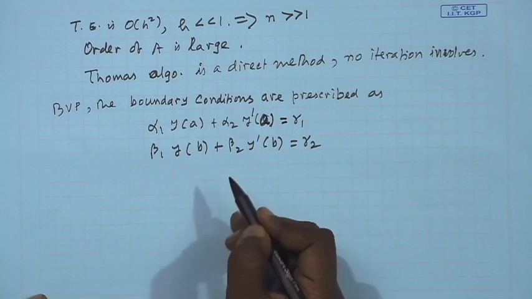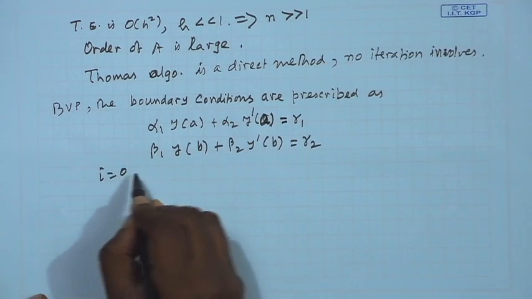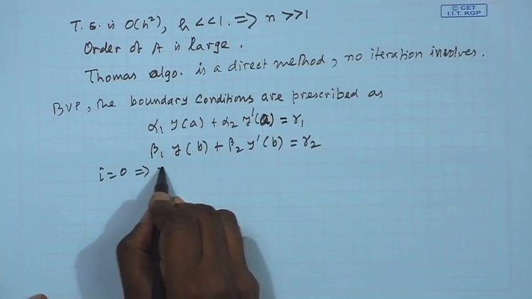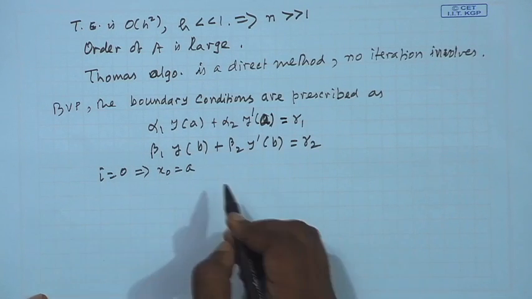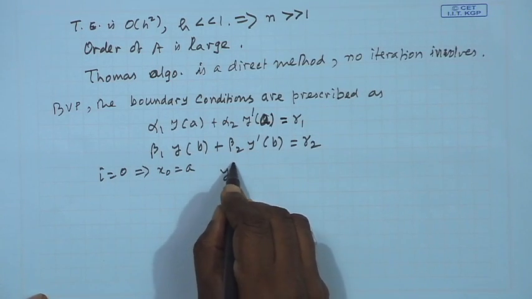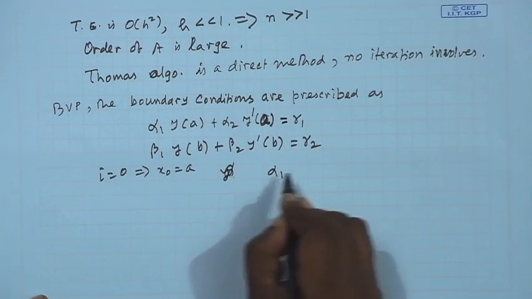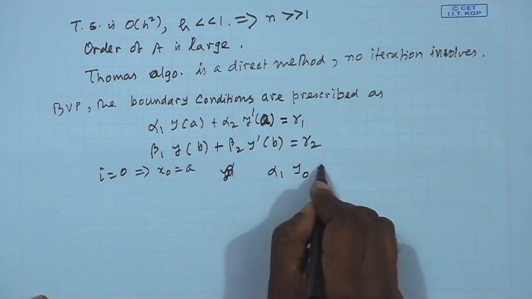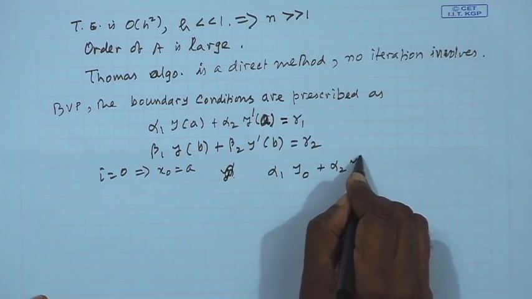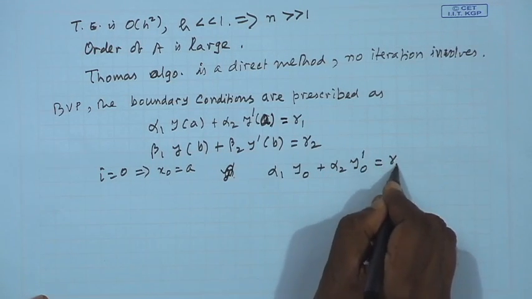Now, i equal to 0 corresponds to x 0 equal to a. If I were to approximate y dash 0, the boundary condition looks like alpha 1 y 0 plus alpha 2 y dash 0 equal to gamma 1.